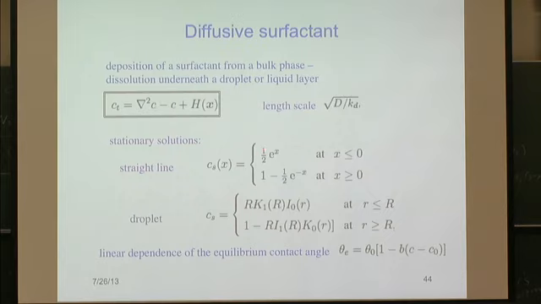Then for a steady straight line we obtain such a kind of solution. If we take a droplet, then we obtain such a solution for outside and inside the droplet. Then we introduce, as before, the linear dependence of the equilibrium contact angle on the concentration, and in this way we set up the perturbation problem.